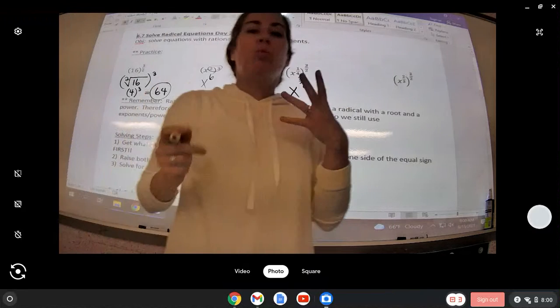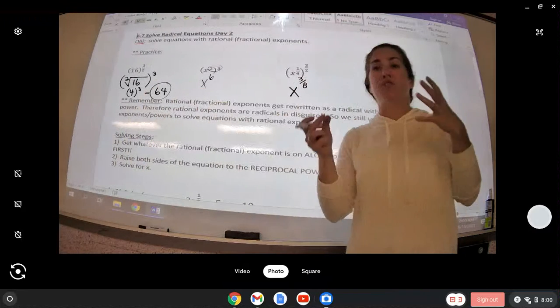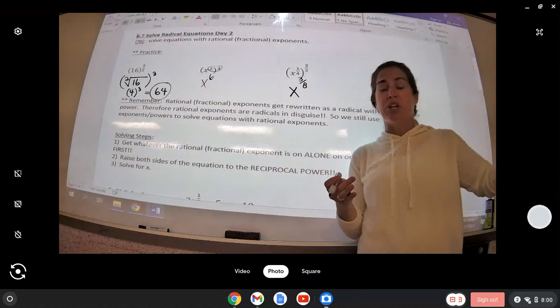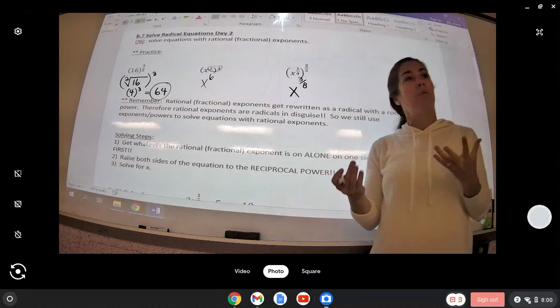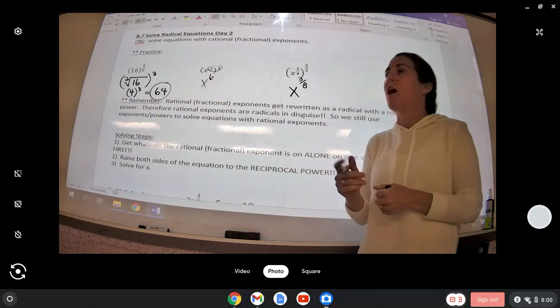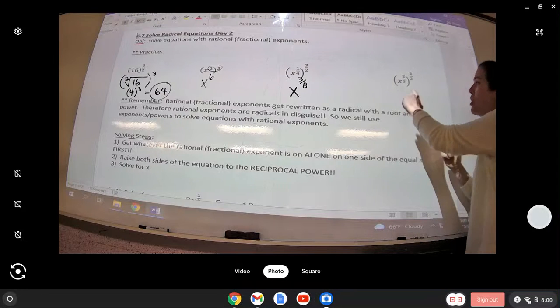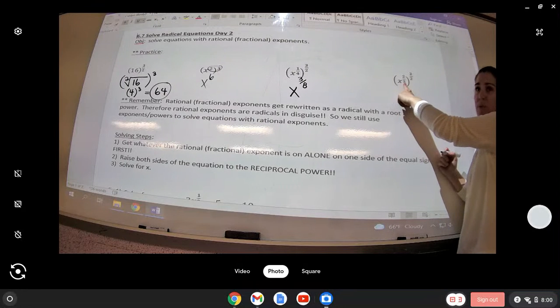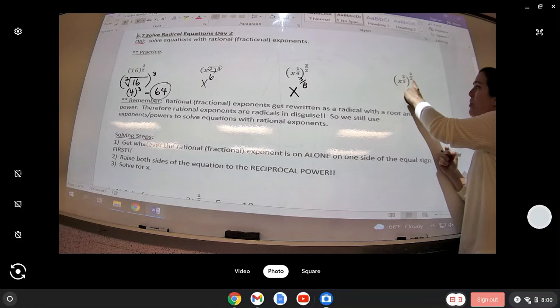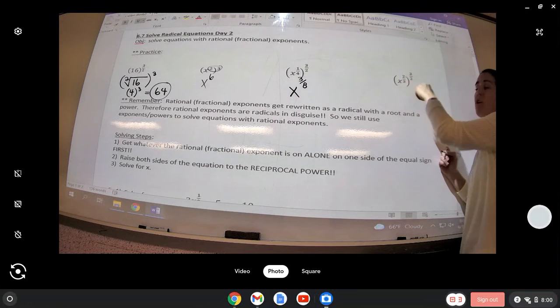Okay, well, we're going to want to get rid of this fractional exponent, just like we wanted to get rid of those radicals. So watch what happens when you raise a rational exponent to another power that is its reciprocal: 2 over 3 raised to 3 over 2.